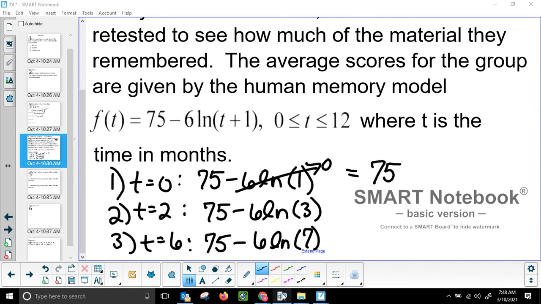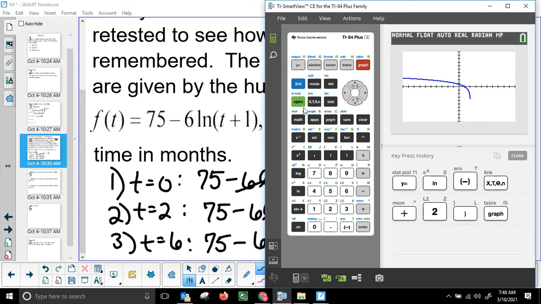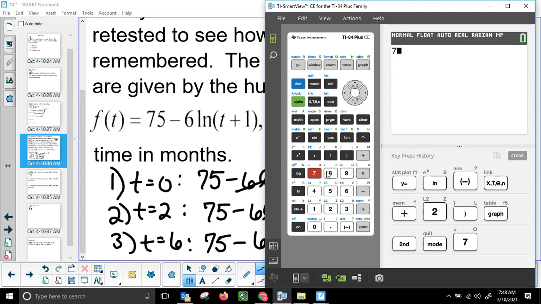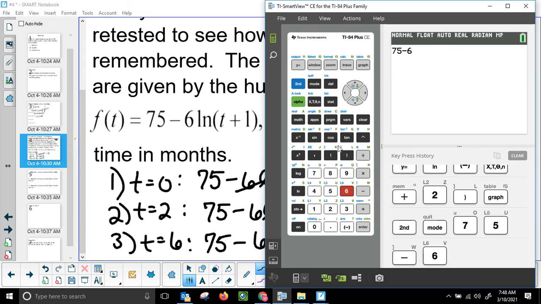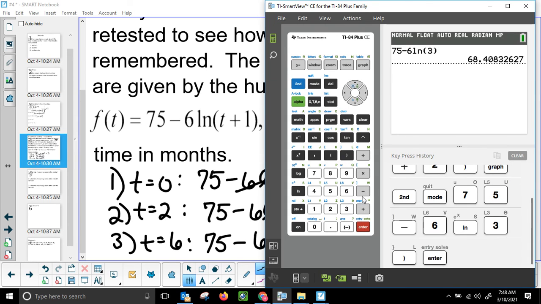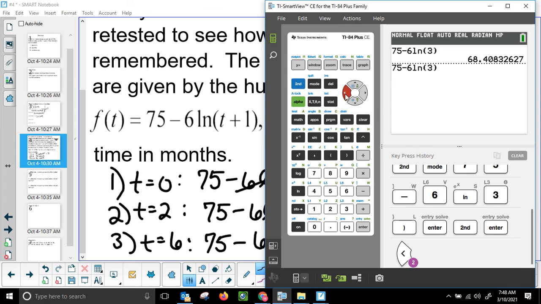So we can go ahead and plug these into our calculator. After 2 months, the average score would be 68.4, and after 6 months, the average score would be 63.3. So we'll just say 68 and 63.